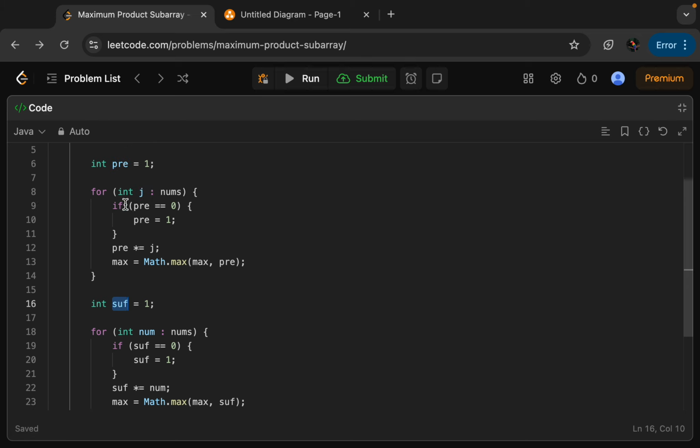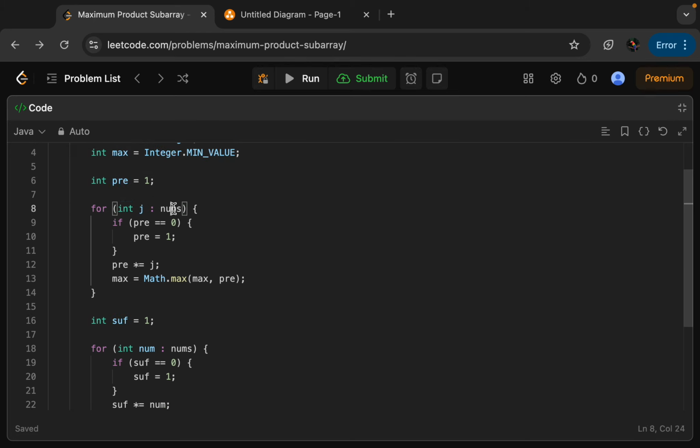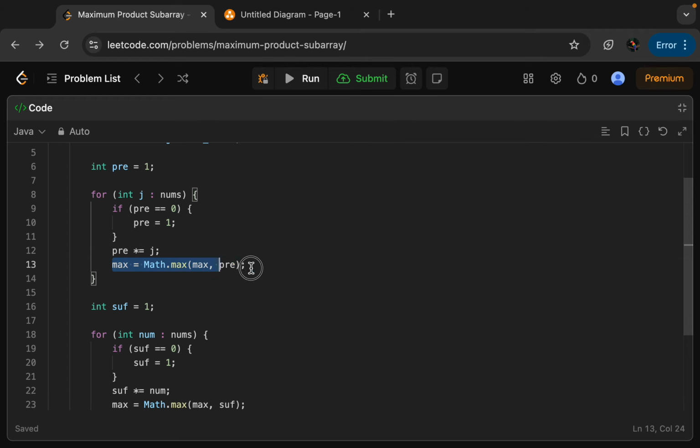Actually this can be combined into only one single loop, but for simplicity I have used two loops. So we are iterating over the nums array, and in case our prefix is 0, we are initializing the prefix to 1, that's handling the case of 0 element, and prefix is simply the prefix into the ith element of the array, and max would be storing the maximum of prefix and suffix here. So this is simply Math.max of max and prefix.